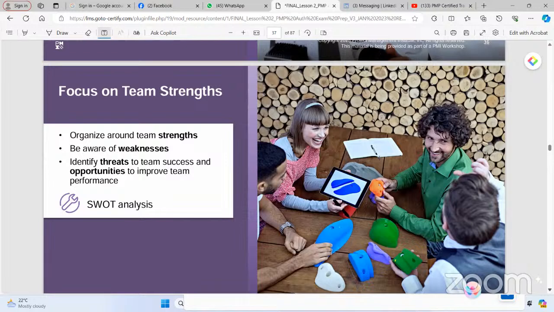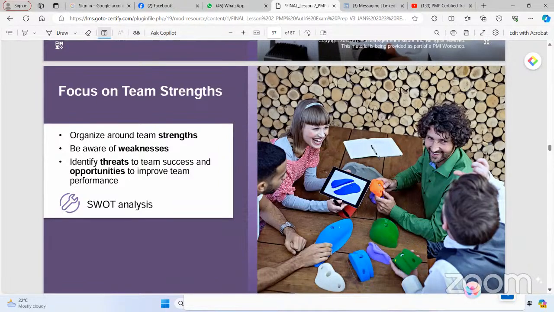But you should be aware of their strengths and weaknesses in advance, or you need to work with them to get to know their weaknesses as well as their strengths. This is our internal team SWOT analysis: what are the strengths we have, let's leverage those.